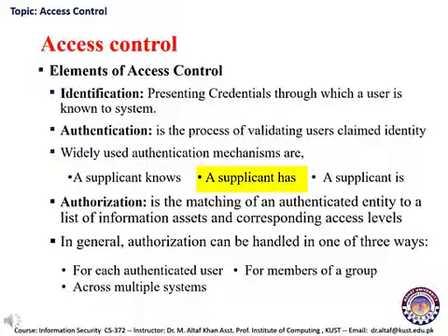The second authentication factor is something a supplicant has, such as ID cards, ATM cards, or some smart cards through which authentication of the user will be carried out. The next authentication factor is something a supplicant is.